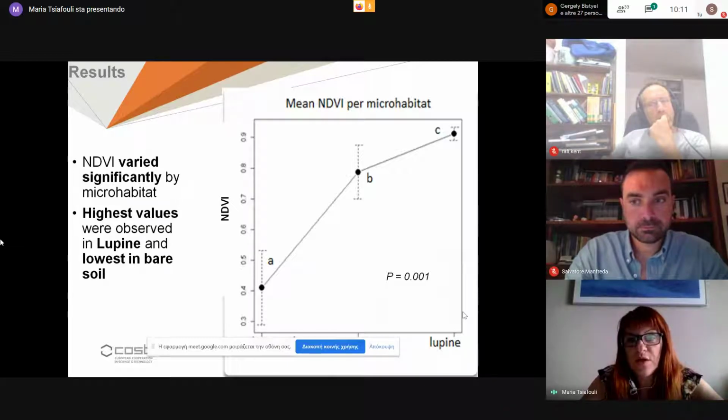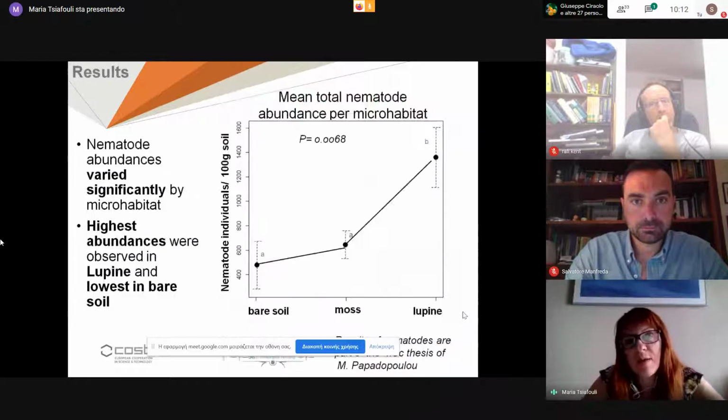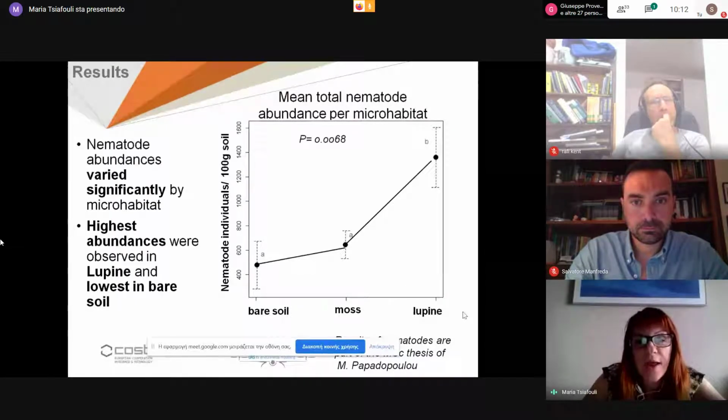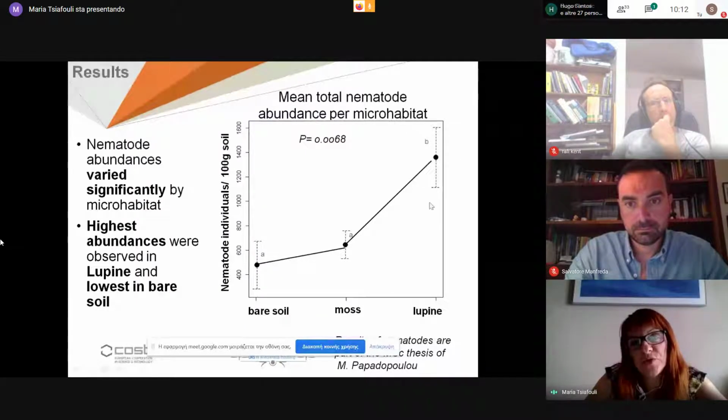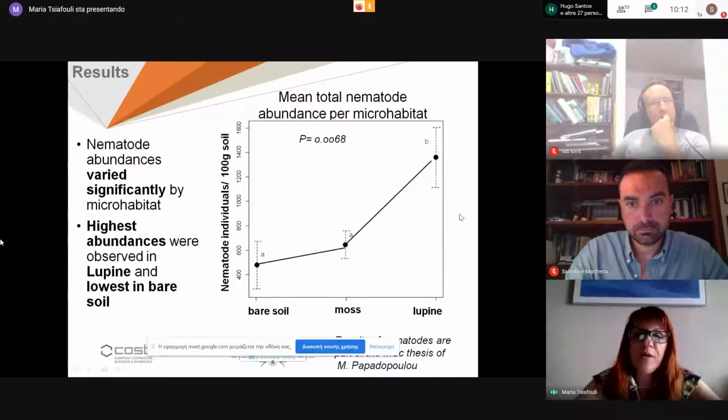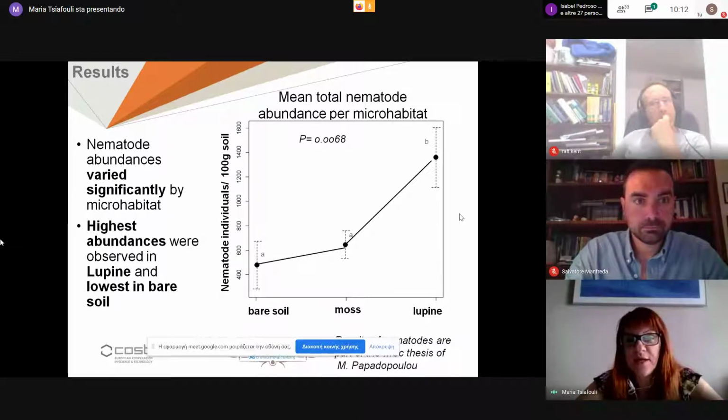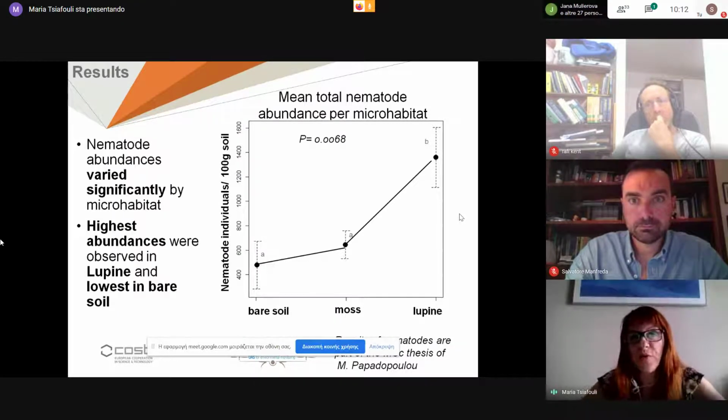And when you go to the nematodes now, you have a somewhat similar picture. You have also an increase from the bare soil to the mosses and the highest abundance of nematodes in the lupine microhabitat. So we see that the NDVI index values and the nematode abundance values somehow go together.